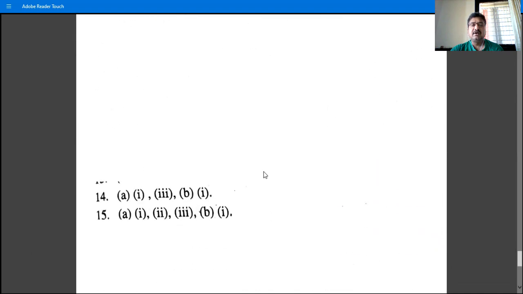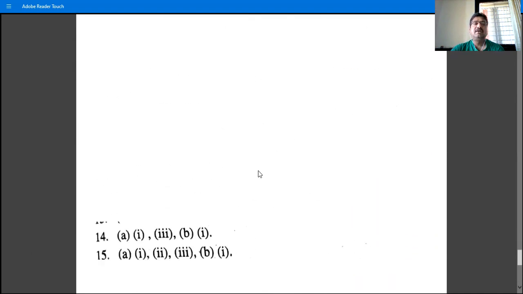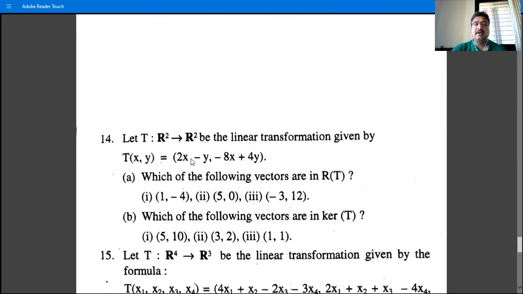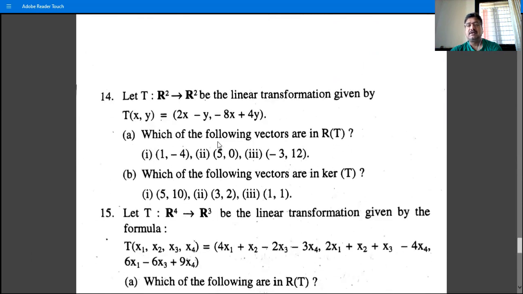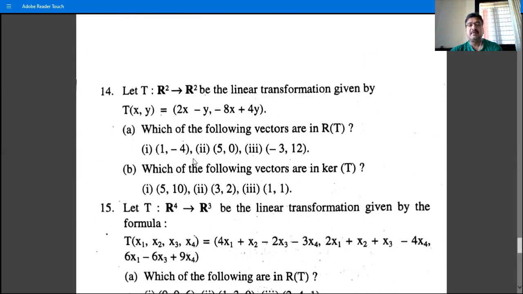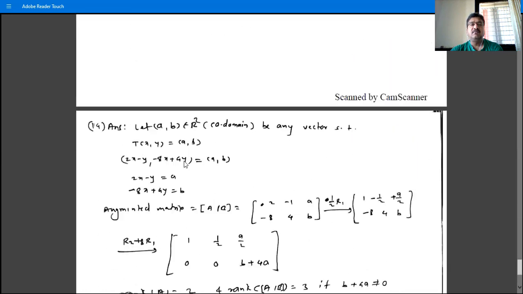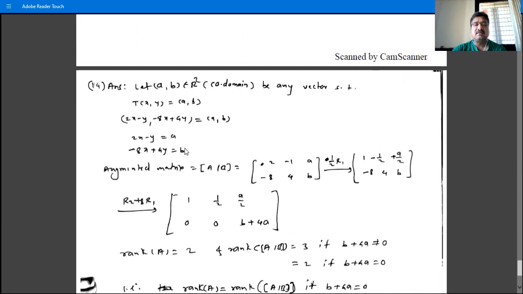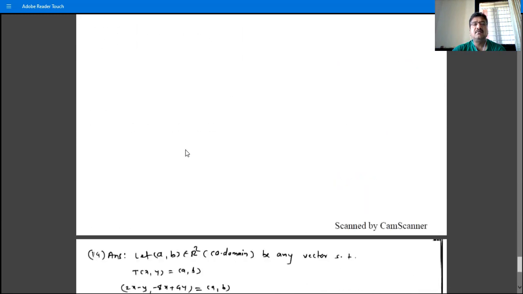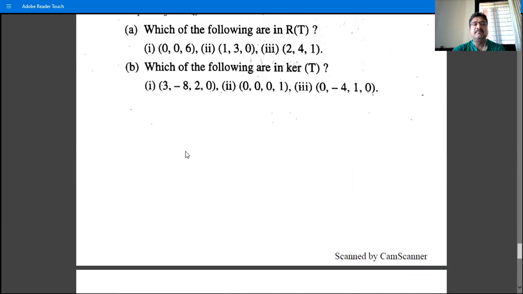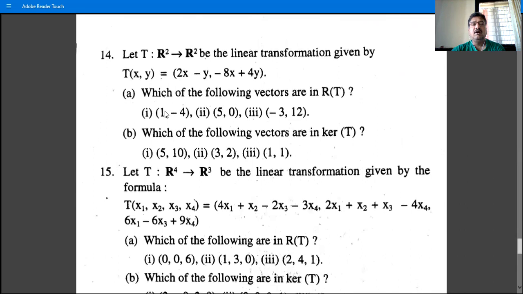The first problem is number 14, problem 1: T of (x, y) is (2x minus y, minus 8x plus 4y), and which of the following vectors belongs to the range of T. So find T of (1, -4), that is, substitute x as 1 and y as -4.